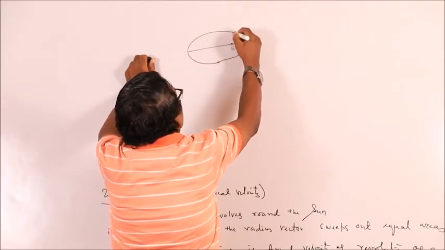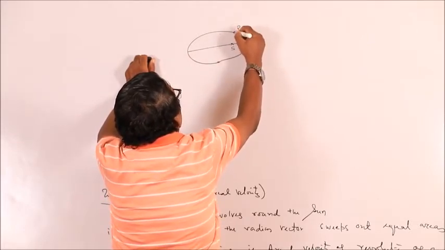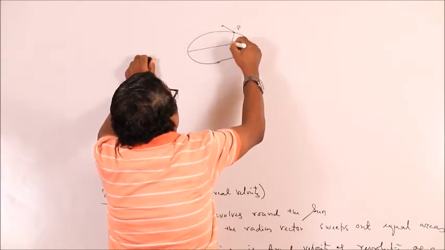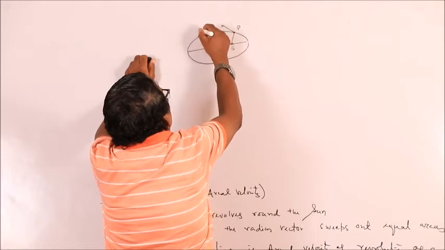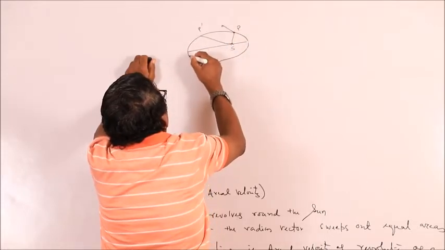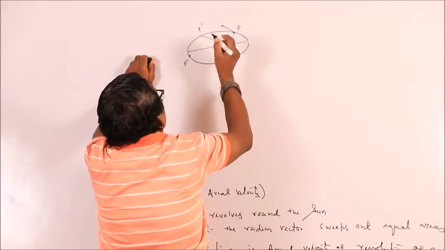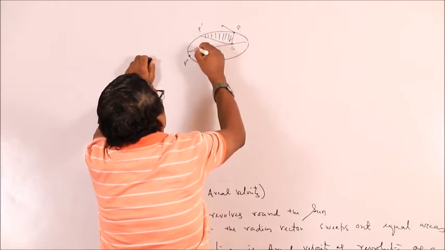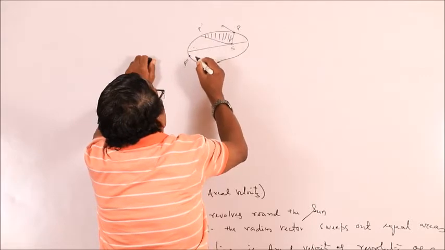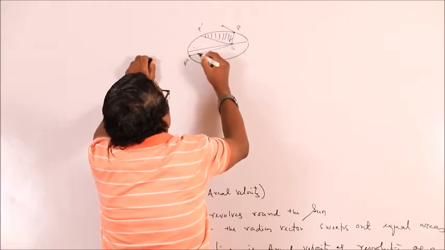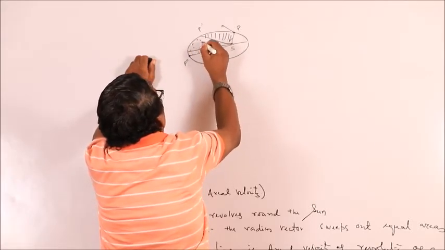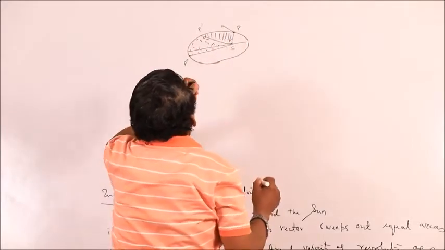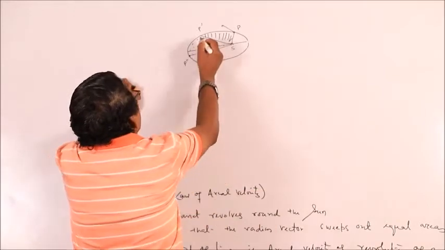Yes, here is the planet P, P dash, P double dash. Like this, the planet is revolving like this.